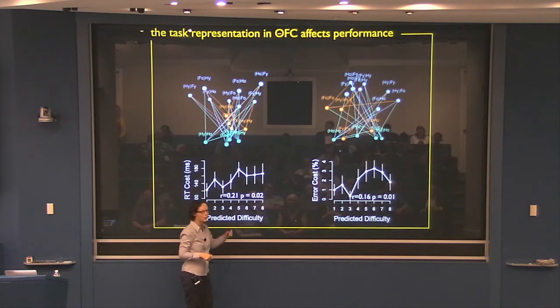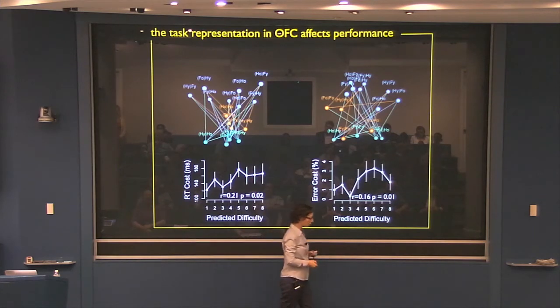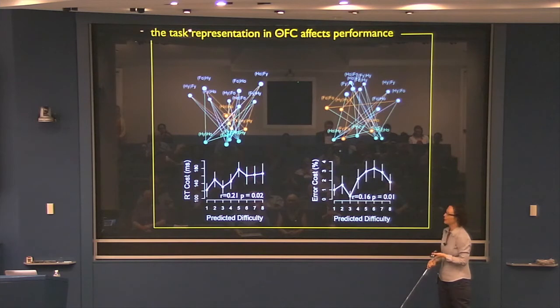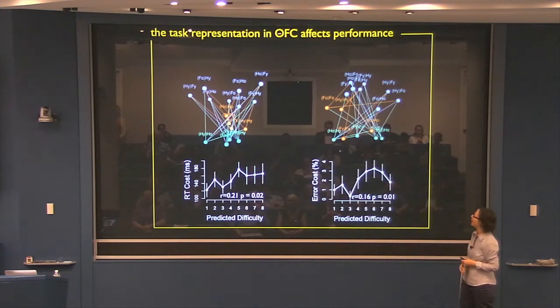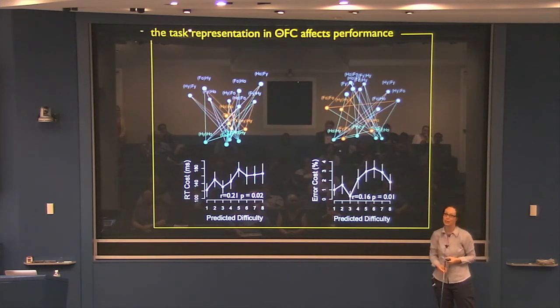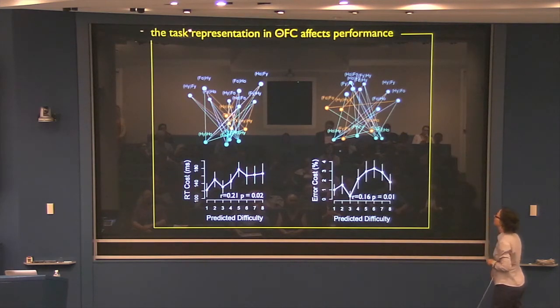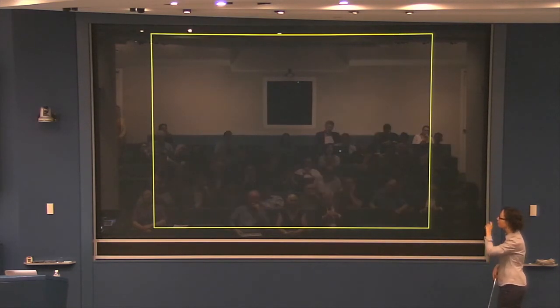In different trials, we can predict which ones will be faster and which ones will be slower. So this is not a causal manipulation. We haven't lesioned anybody's orbitofrontal cortex to see how the task changes. But to our eyes, this seems like this representation has something to do with how the subjects, I almost said animals, are solving the task.